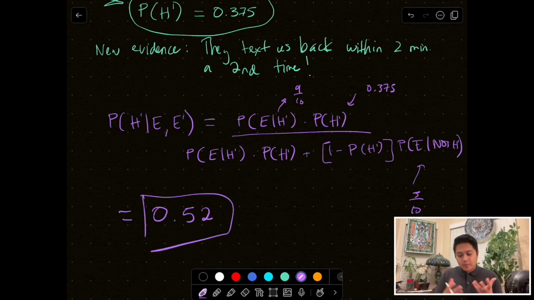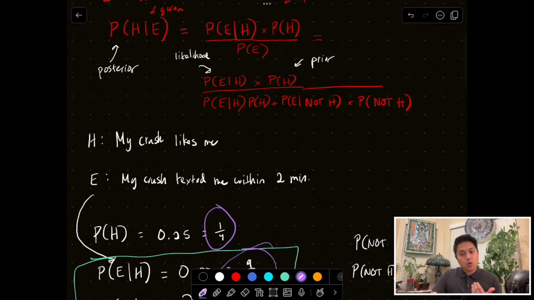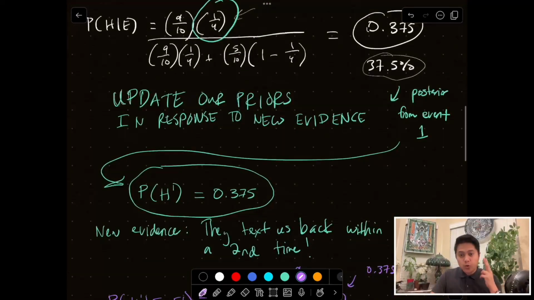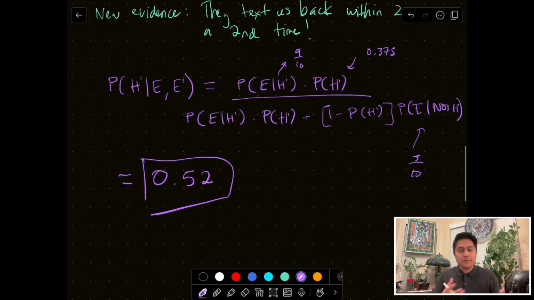Now, again, because we had evidence that supports our hypothesis, we have more credence in our original hypothesis, right? We had a prior that started at about a quarter, and after 2 new pieces of evidence, that is, they slid into our DMs 2 times in a row. Actually, well, we'd be doing the sliding, I guess. But nevertheless, it's now been doubled, right?